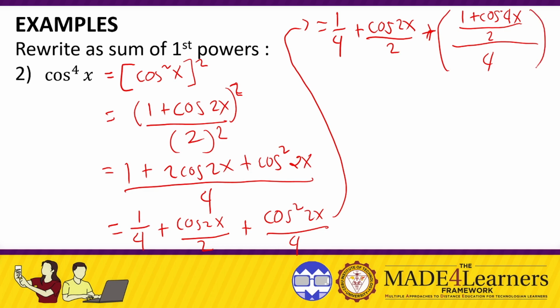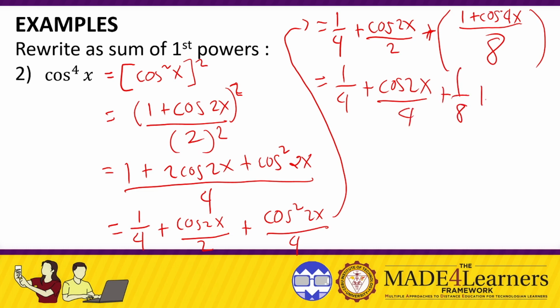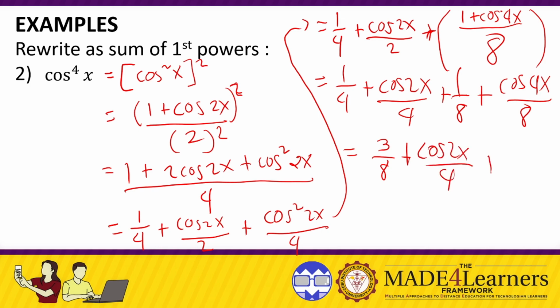Again, this is equivalent to 8, since 2 times 4 is 8. So we have 1/4 plus cos 2x over 4 plus 1/8 plus cos 4x over 8. So we have 3/8 plus cos 2x over 4 plus cos 4x over 8. And this is our final answer.